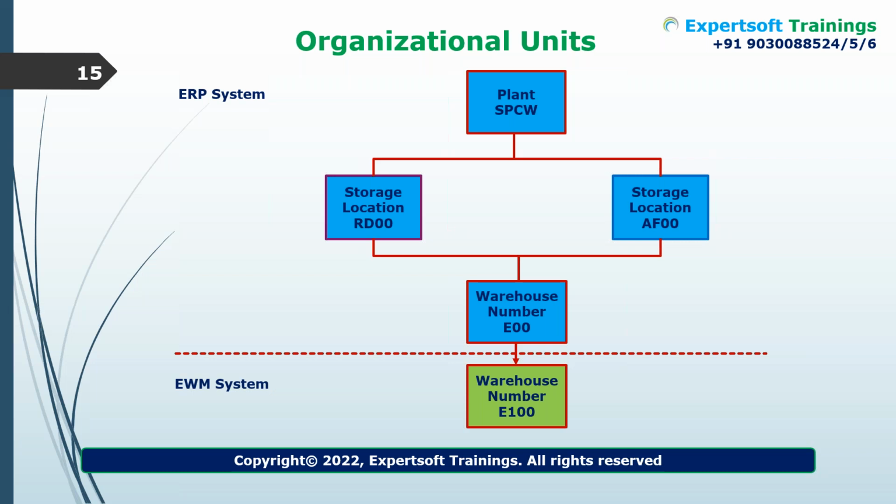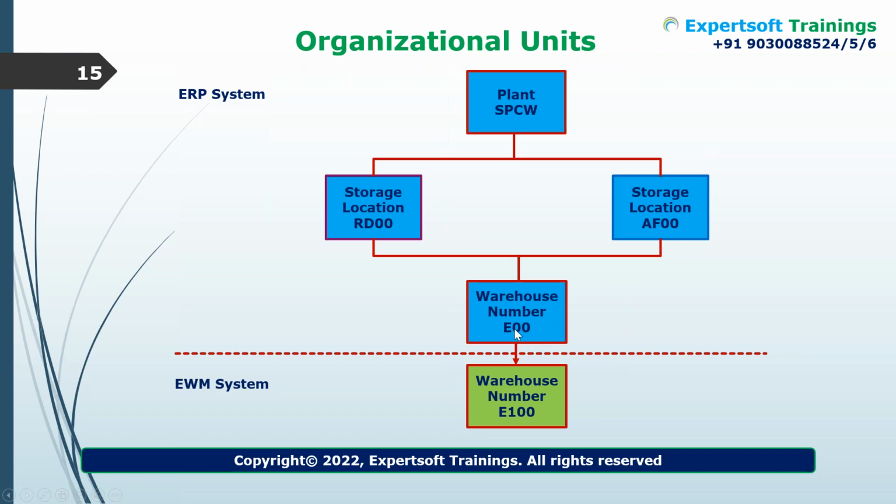Let's move on to the organizational units. If you have worked in SAP, you know there is plant, storage location, and under your storage location your warehouse management will come. Now, as this is an embedded version, even though it is in the same client or same server, to activate this you need to create your SAP WM warehouse, which is a 3-digit alphanumeric number.